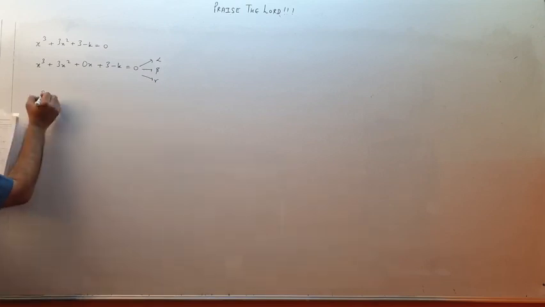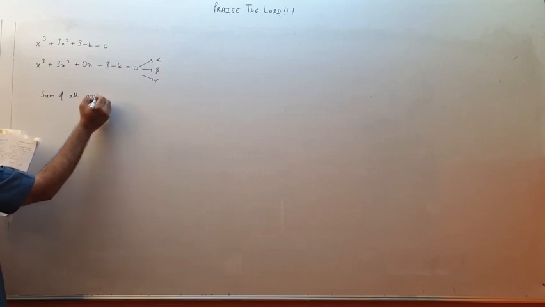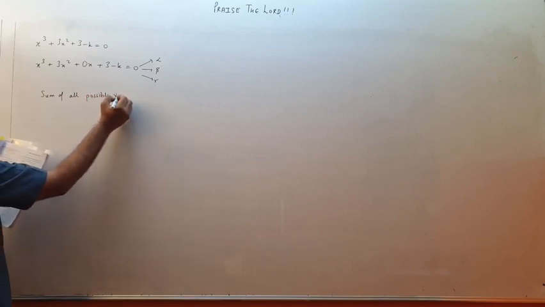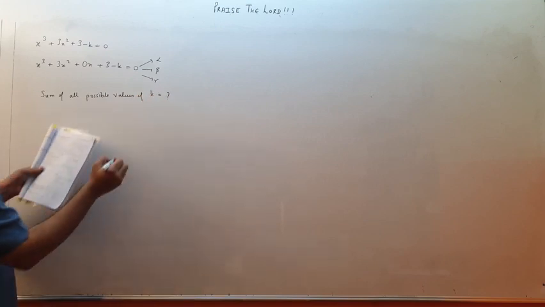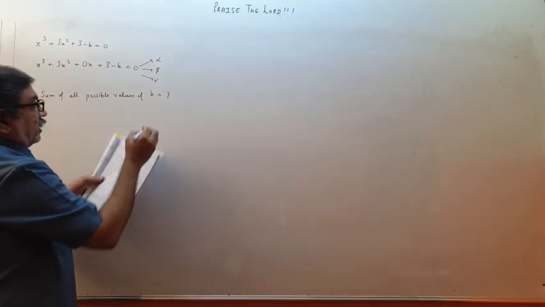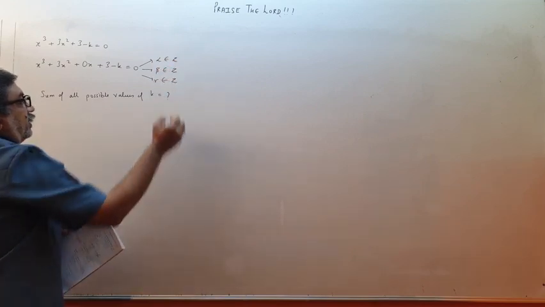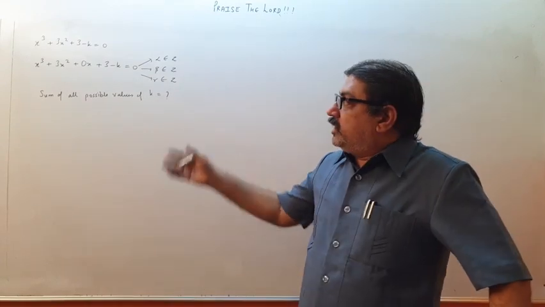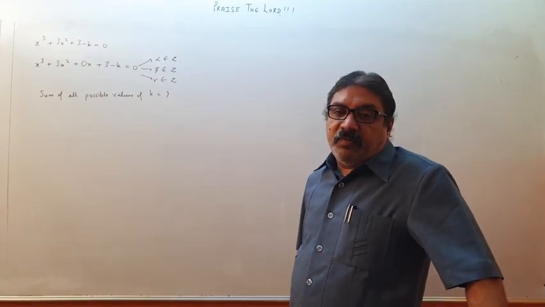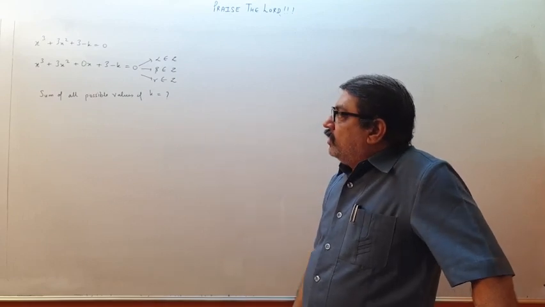Then he says the sum of all possible values of k is equal to how much? And it is said that roots are integers: alpha belongs to z, beta belongs to z, gamma belongs to z. So if these roots are always integers, then what can be the possible values of k, and what will be the sum of all the possible values of k, that you have to write.